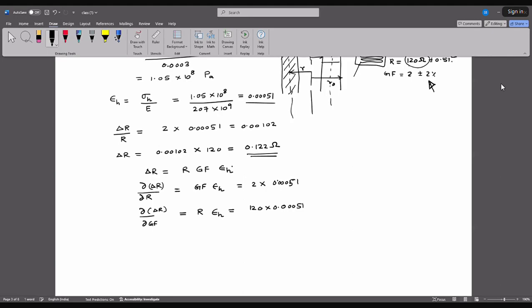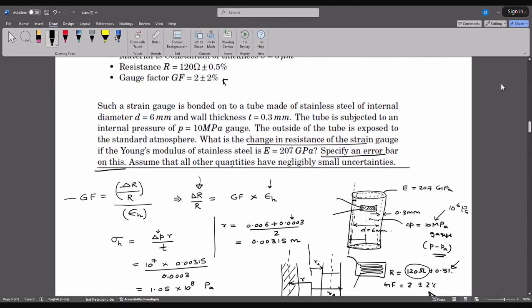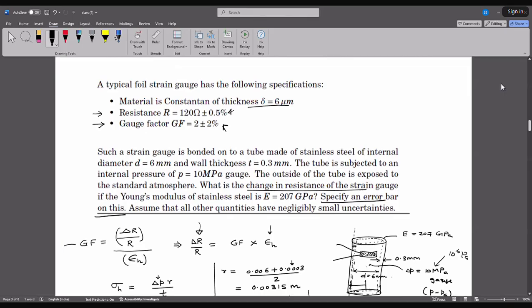Right. Yeah. So then we have the uncertainty coming from the delta R, which is basically 0.5% of the resistance.